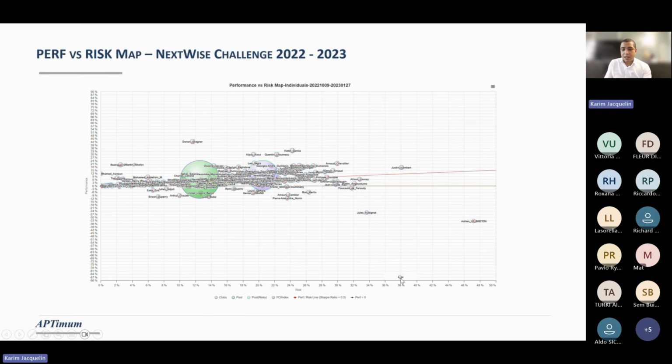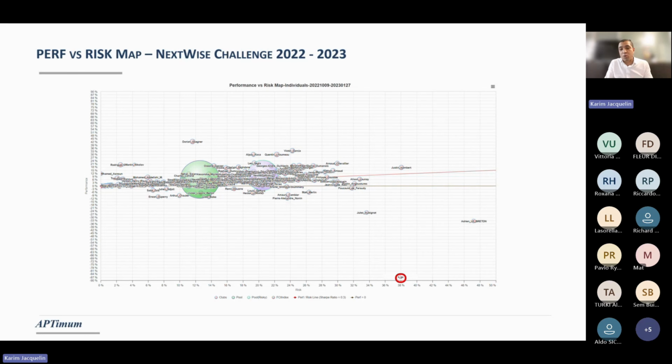So there is an interesting point here. You can see this individual has a very negative performance. So the performance was minus 90% for this portfolio, which is very bad. So how can you lose more than 90% of the portfolio value?